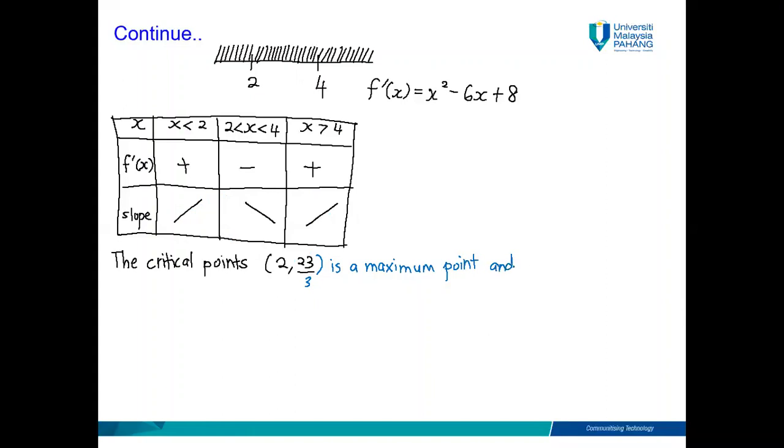And the point 19 over 3: decreasing and then increasing is a minimum point. Okay, we are done.